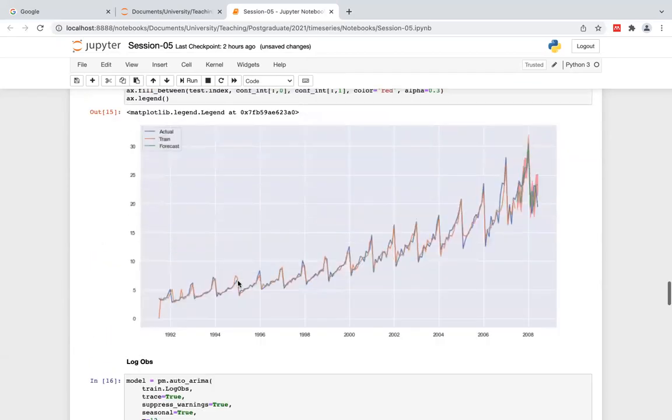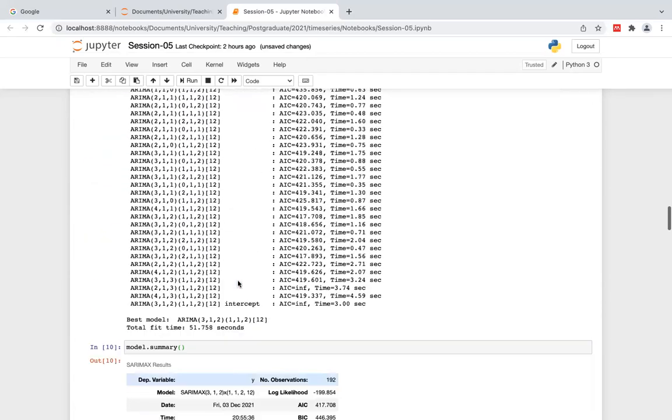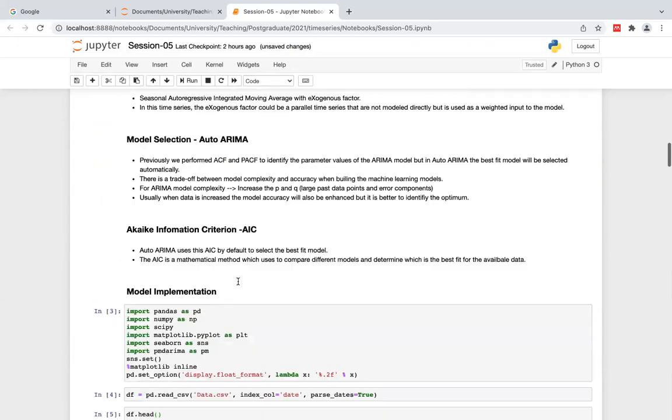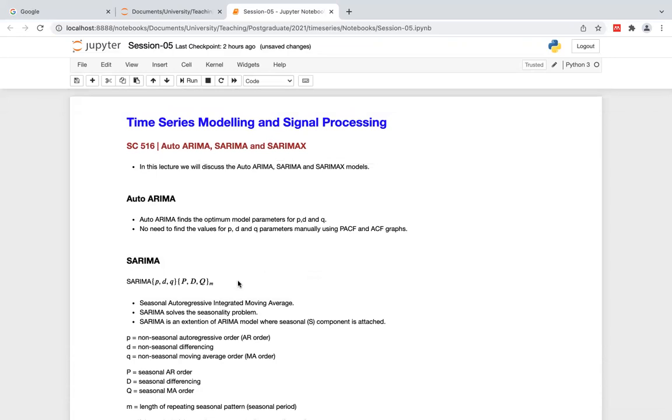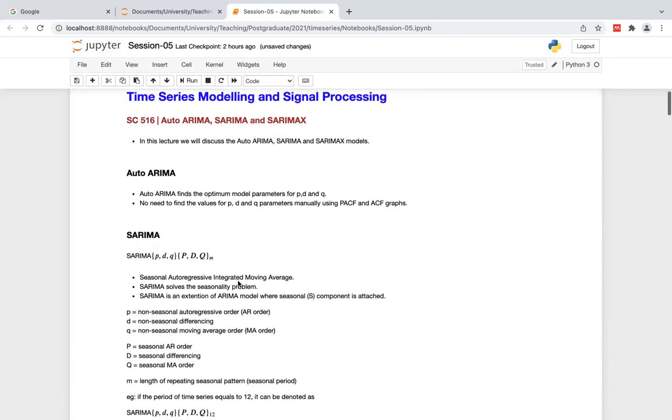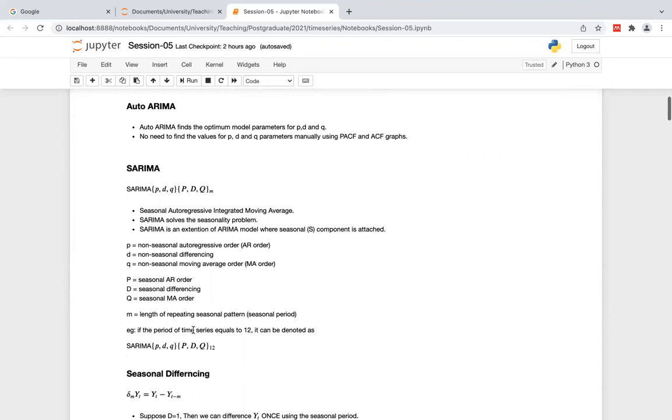I just wanted to let you know how we implement these kinds of things, the easiest way. Throughout this lecture, we have discussed auto ARIMA and how we implement it. Then what the SARIMA is and how we implement it with the SARIMAX model. Then what the seasonal component is and how we interpret it. What the additional parameters of the SARIMA model are.